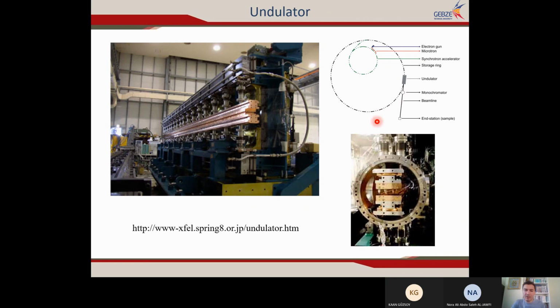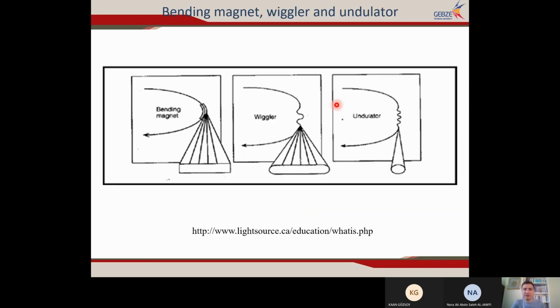So which one has better intensity? Of course, undulator has much higher intensity than the wiggler, and wigglers have much higher intensity compared to the bending magnets. And this is the comparison between the intensities of different devices in the storage ring.